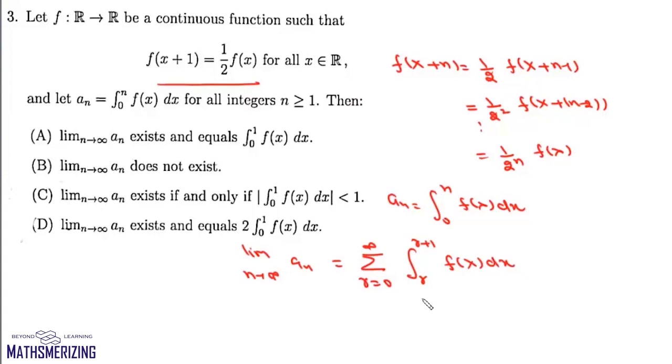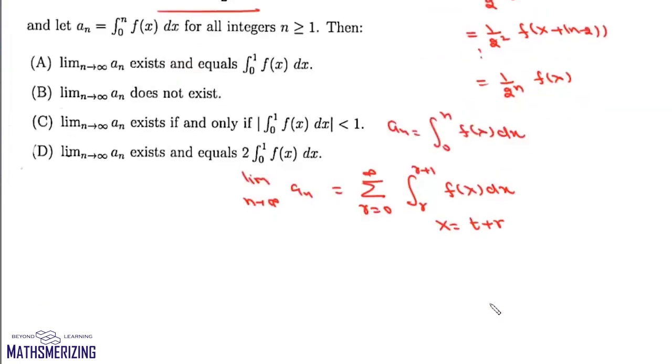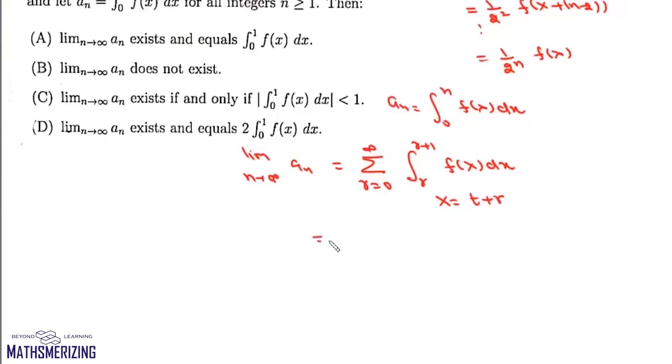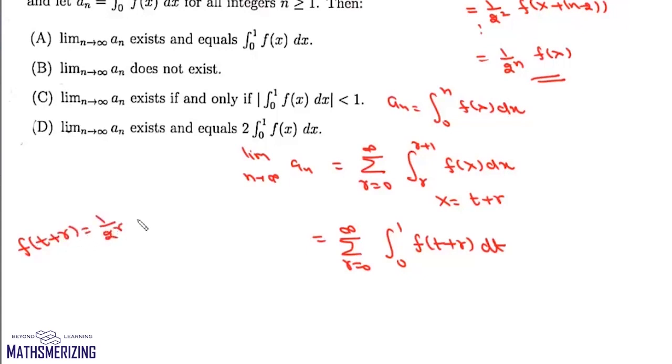Now what we'll do is, we'll replace x with t plus r. Then we can write this as the summation, r varies from 0 to infinity, of the integral from 0 to 1 of f(t+r) dt. Now using this relation, we can write f(t+r) as 1/2 to the power r into f(t).